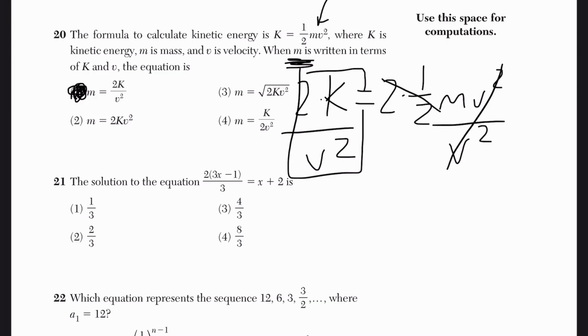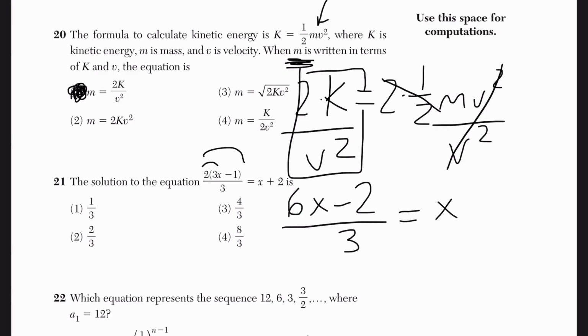All right. On to question 21. So this is a solving problem. Now, first we can distribute this. That's fine. And we would get 6x minus 2 over 3 equals x plus 2.